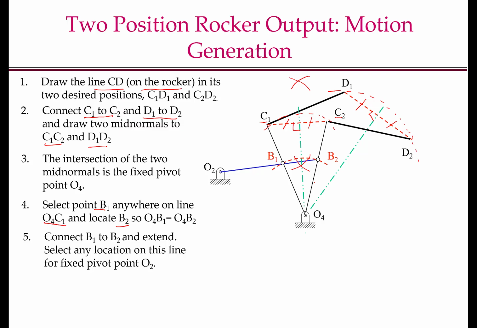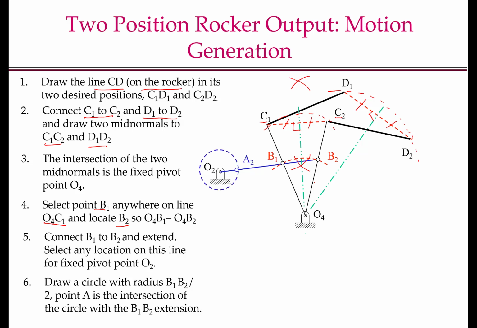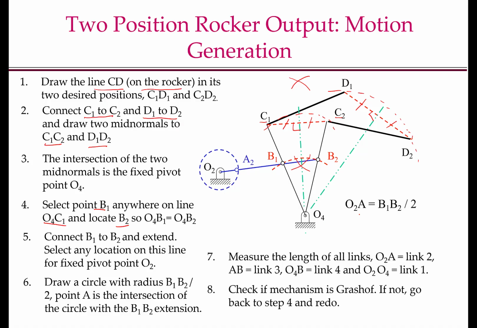Note the similarity here to the first construction that we did in the last module. Once you have chosen the moving pivot B, the problem becomes the same as the first problem in the last module. Then we draw a circle of radius B1B2 by 2 that is centered at O2. Therefore, our mechanism becomes O2A is the crank, AB is the coupler.